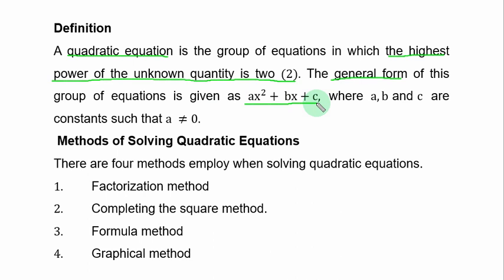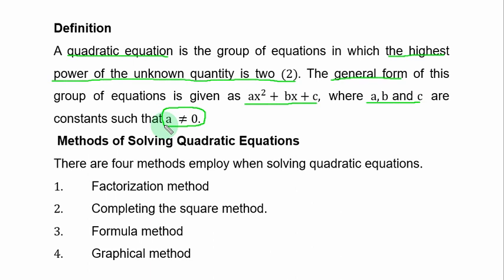Here, the variable of interest is x, where a, b, and c are constants such that a is not equal to 0. Of course, a, b, c, they are numbers. They can be 1, 2, 3, 4, and so on.